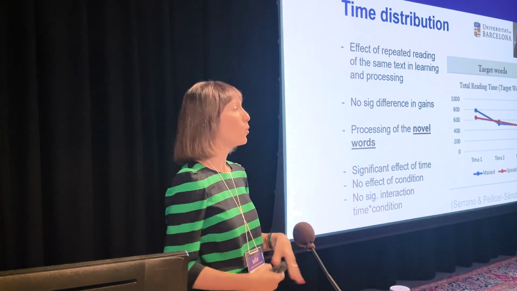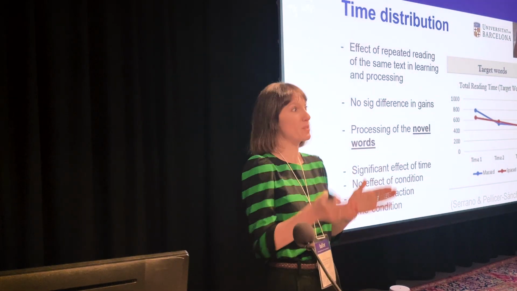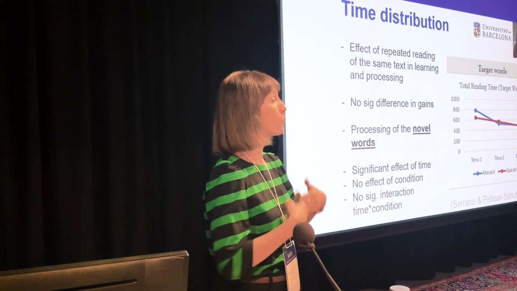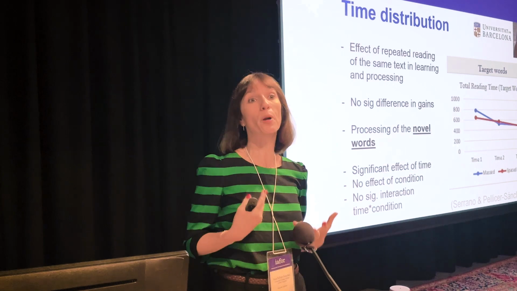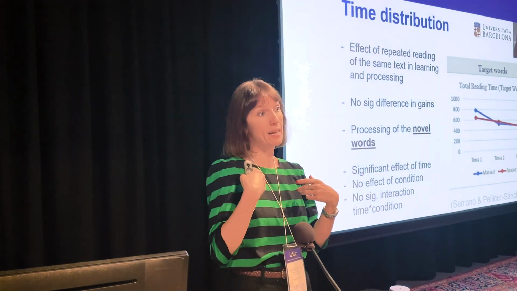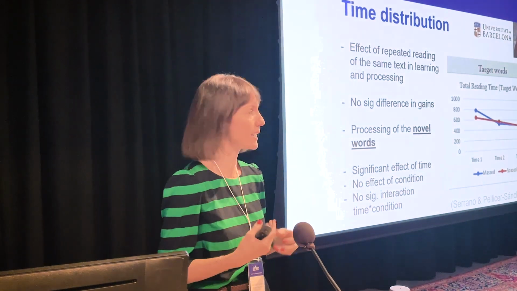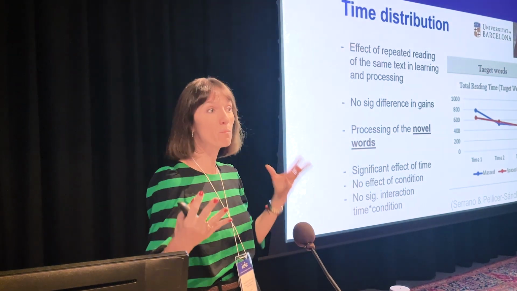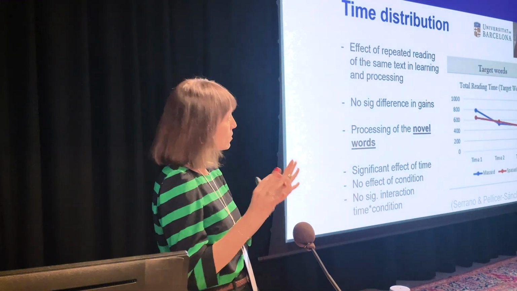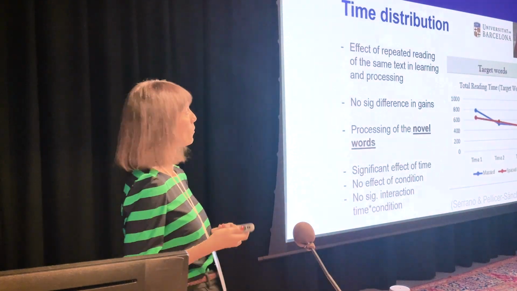So whether they saw these words 3 times in one session or in 3 different sessions, it didn't really matter for learning or for how they processed the words. The improvement in how fluently these words were read was similar in both conditions. So at least in this study, these 2 different schedules were equally effective for the development of the processing of novel vocabulary.